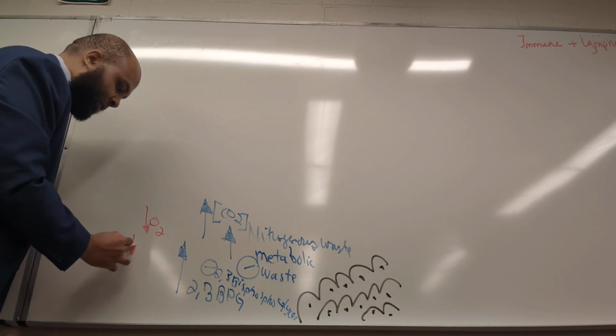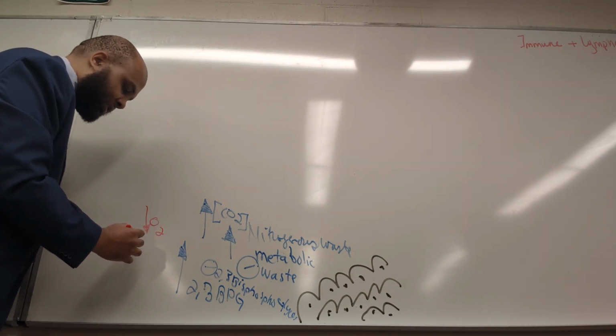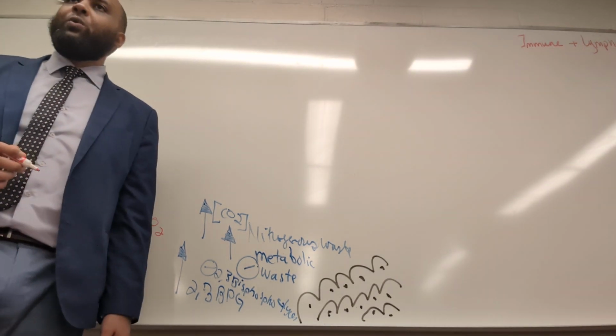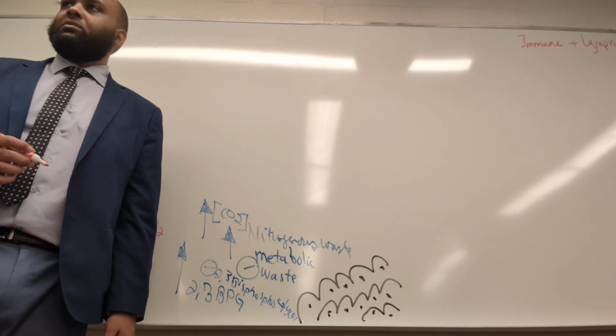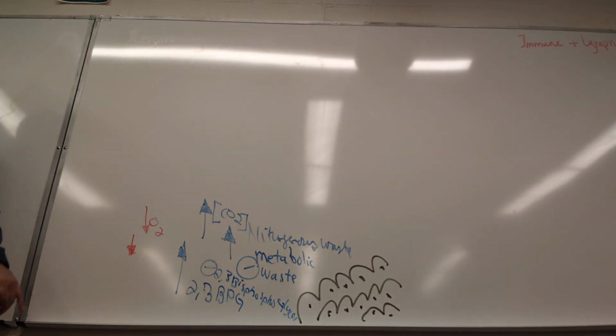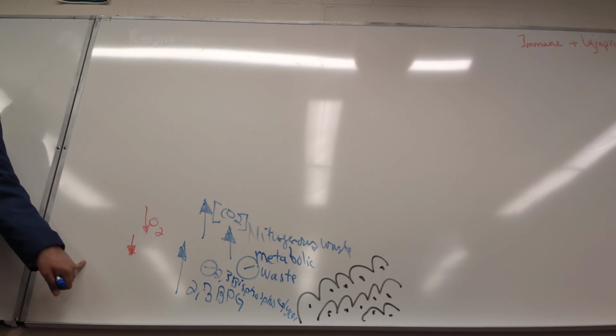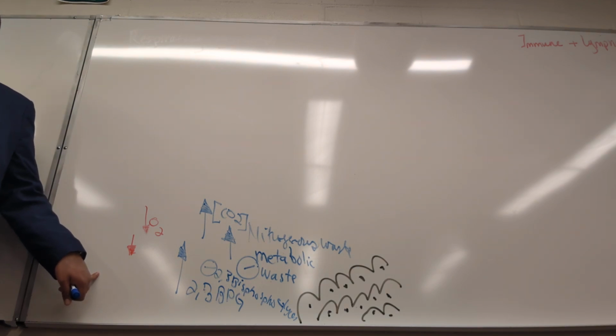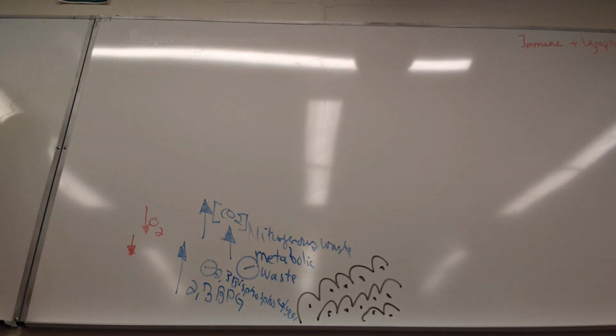Okay, and why does the tissue have low oxygen? Why do our cells have low oxygen and they need oxygen to come from the blood? Why is that? Yeah, so they are breathing, they are consuming that oxygen, known as aerobic respiration.